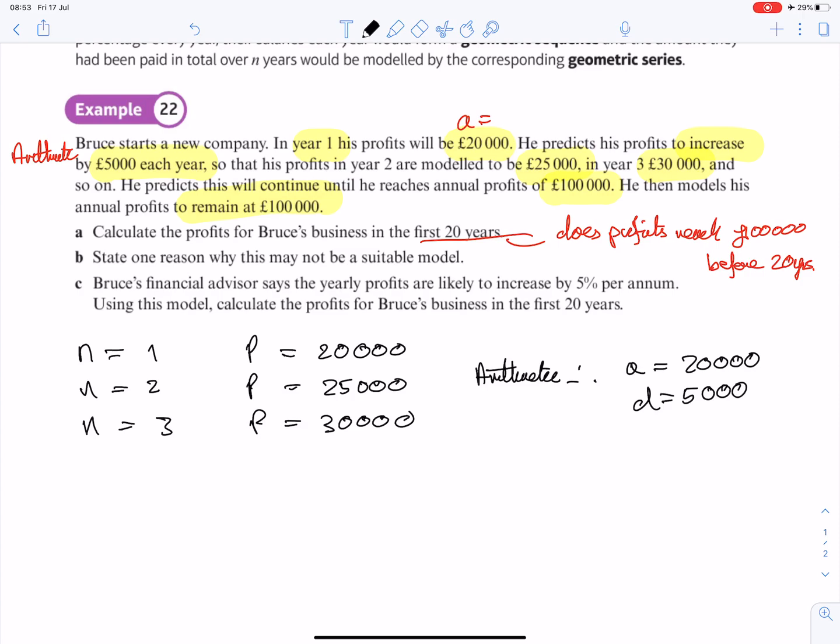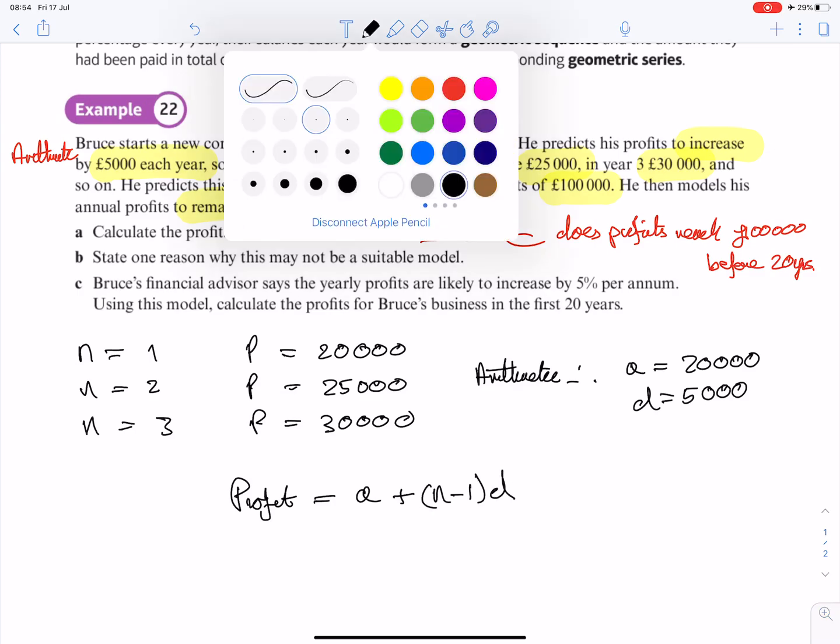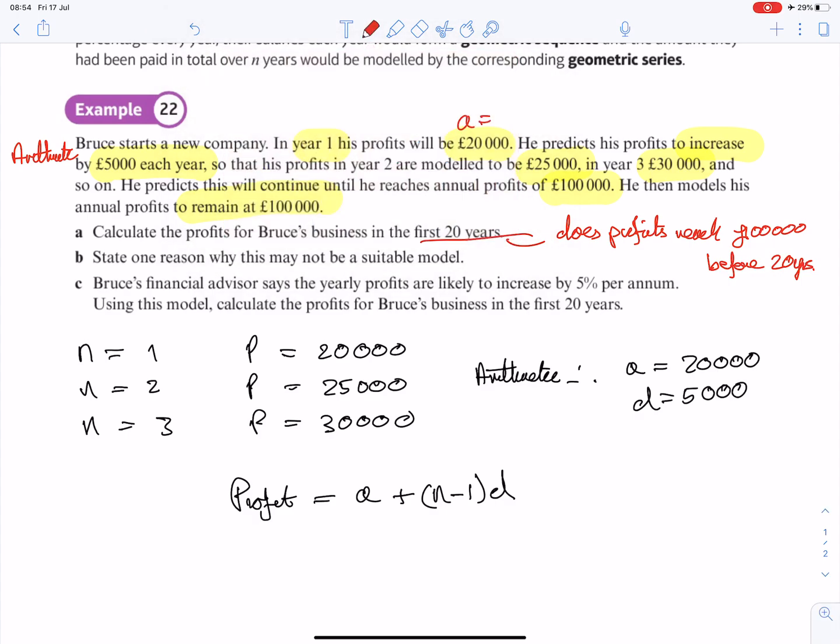And we want to know when the profit equals £100,000. So profit in year n is equal to A plus n minus 1 lots of D, where profit is like our Un in our learnt formula. It's the amount that we've earned that particular year. So we can now substitute in.